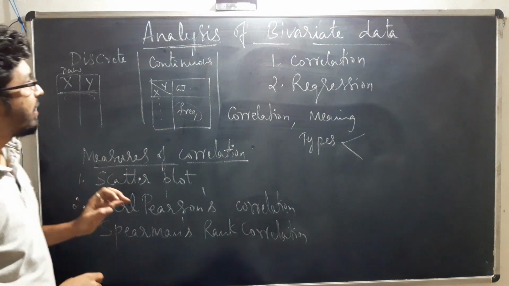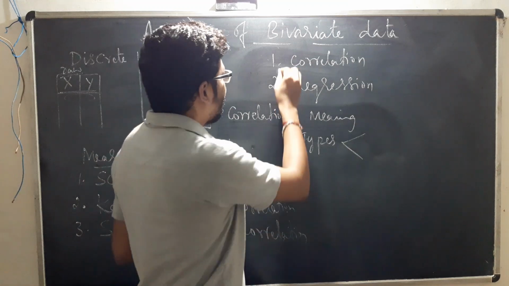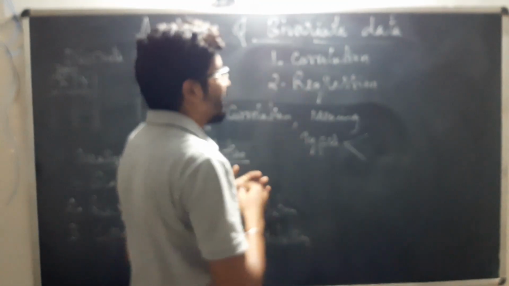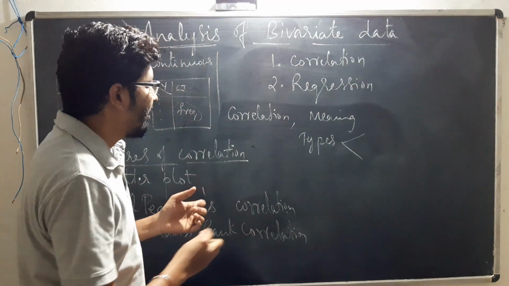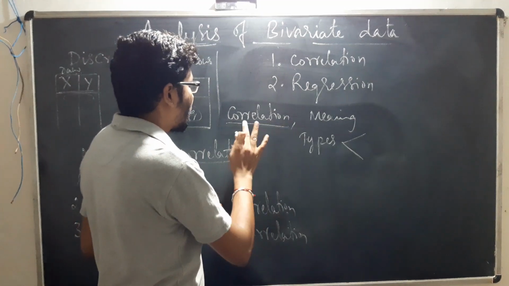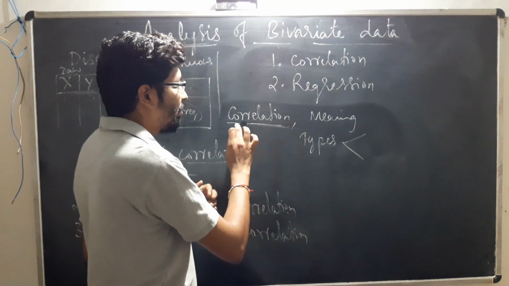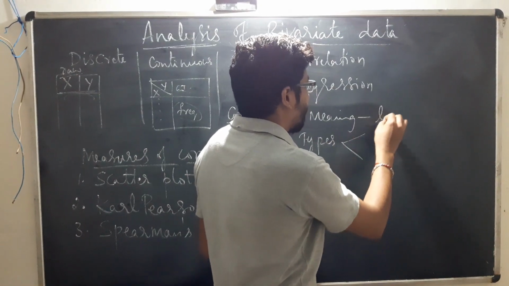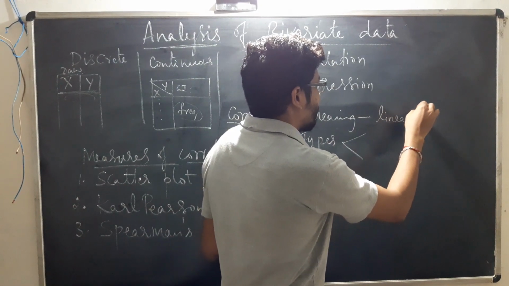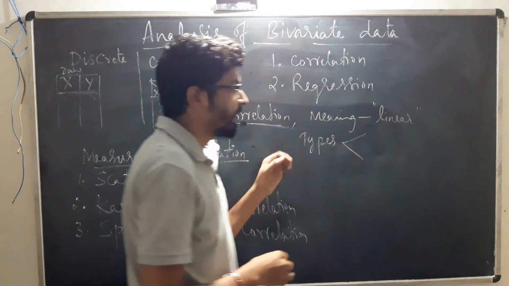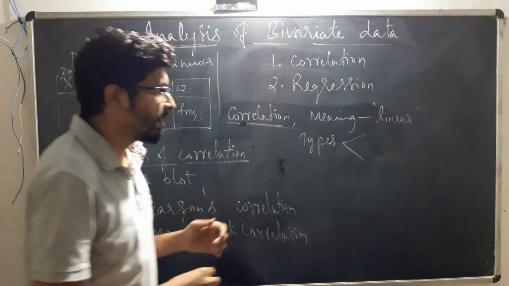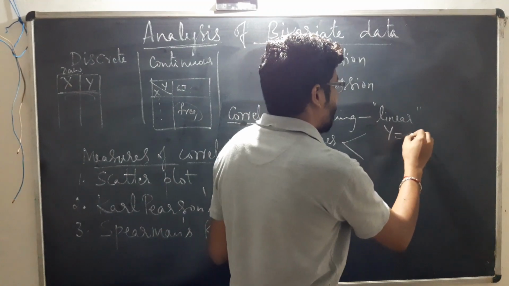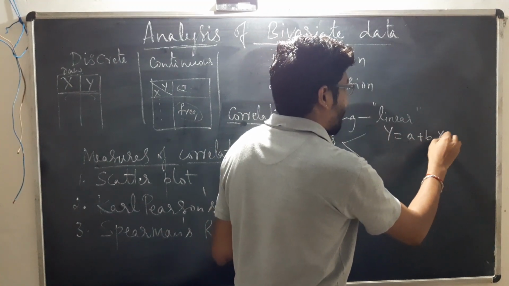Now for the analysis, we mainly deal with two cases: correlation analysis as well as regression analysis. Coming to correlation, the word correlation is nothing but mutual relation, the relation between two variables. Out of all possible relationships, we only talk about a particular case, which is the linear relationship, that is, a straight line relationship between x and y.